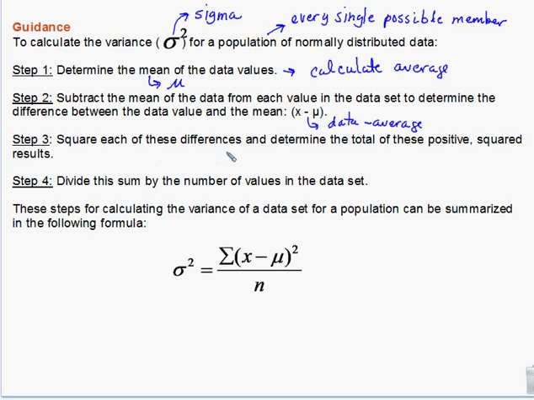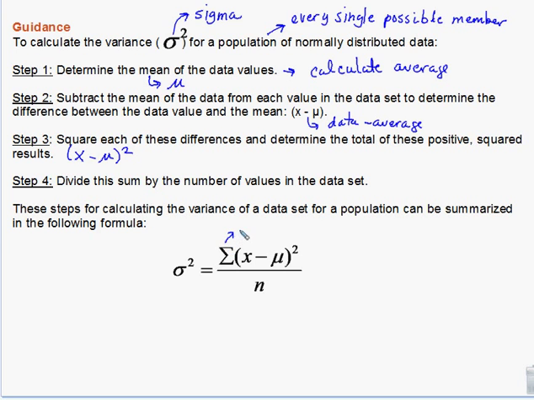Then we square each of those differences to determine the total of the results. So we take x minus mu and we square them. Then we add them all together and we divide by how many numbers we used.